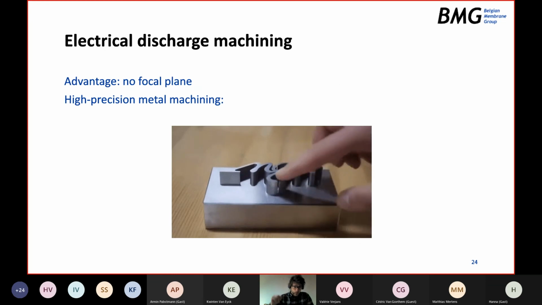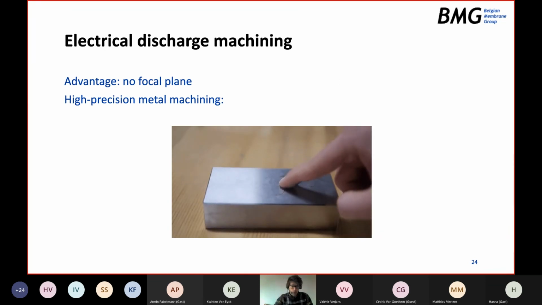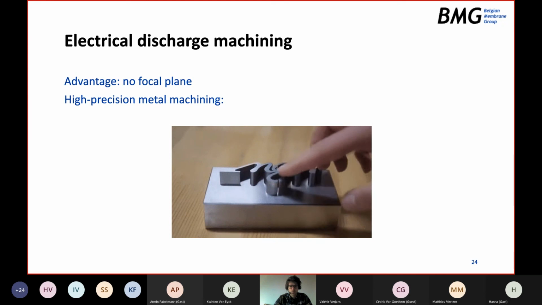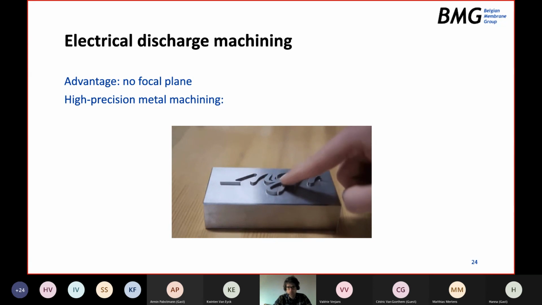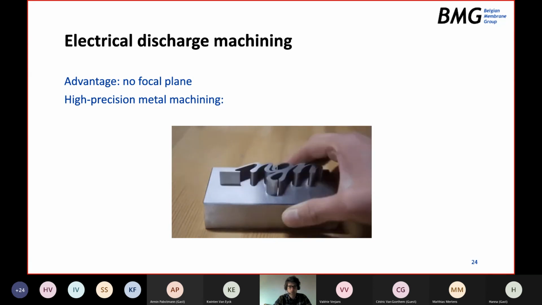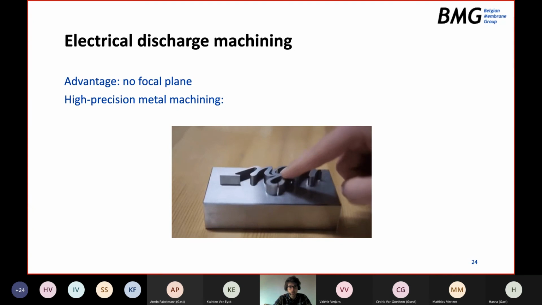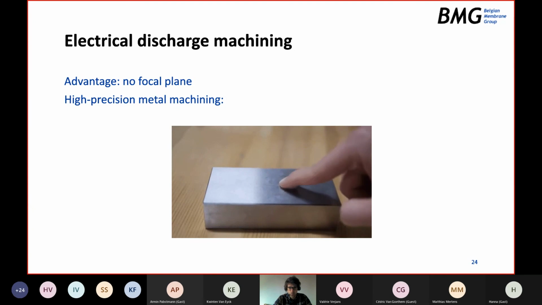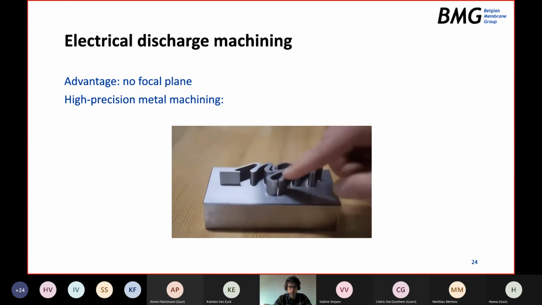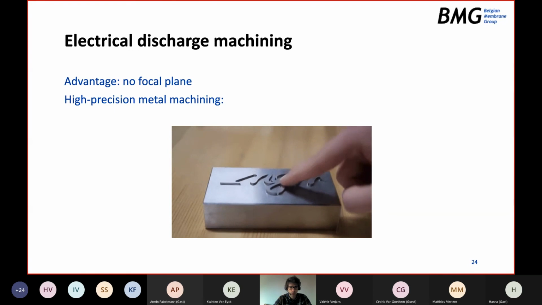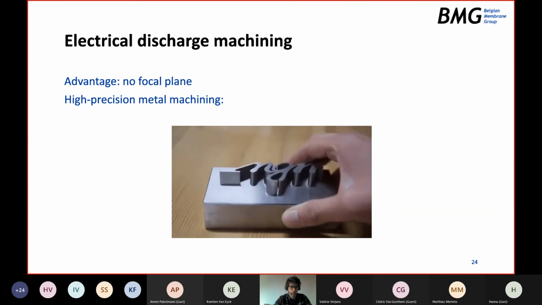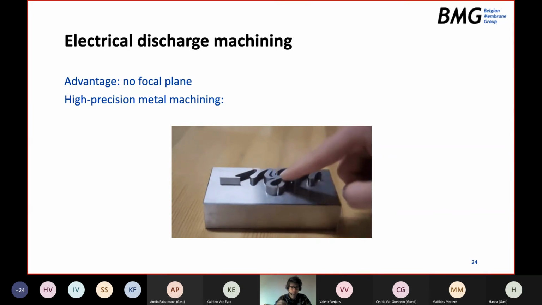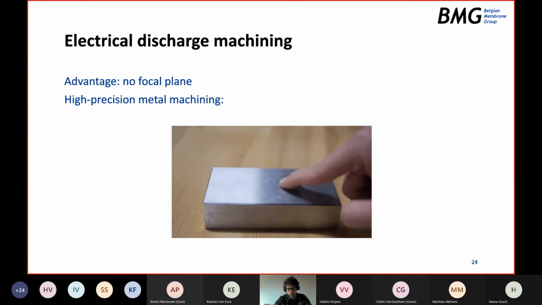And then the second technique that we're now looking into is electrical discharge machining, which, as the name implies, relies on electrical discharges to dose energy. And the advantage here is that we do not suffer from focal plane limitations. So you create a spark across a small gap, and basically everything in between the spark is energized.